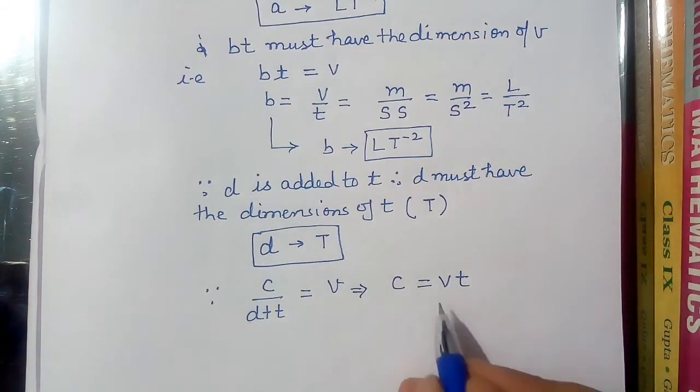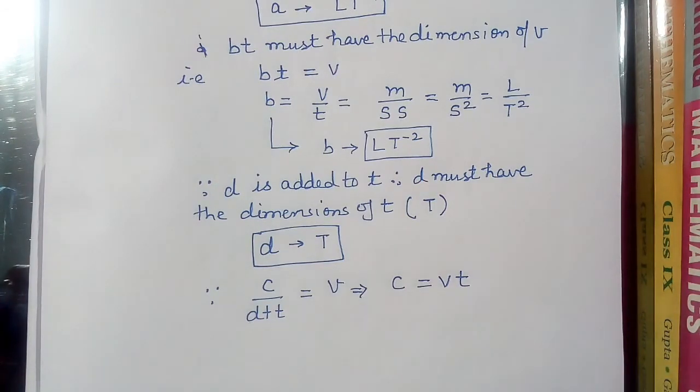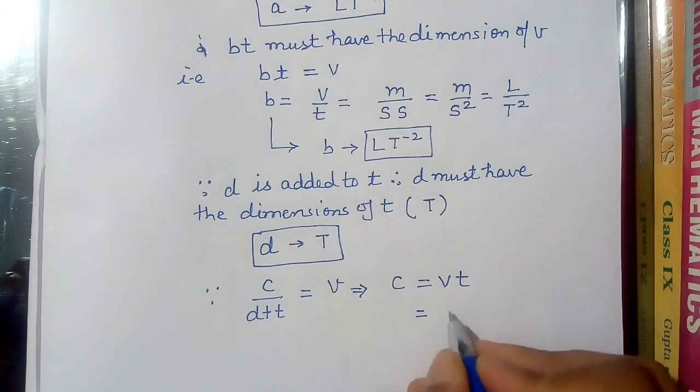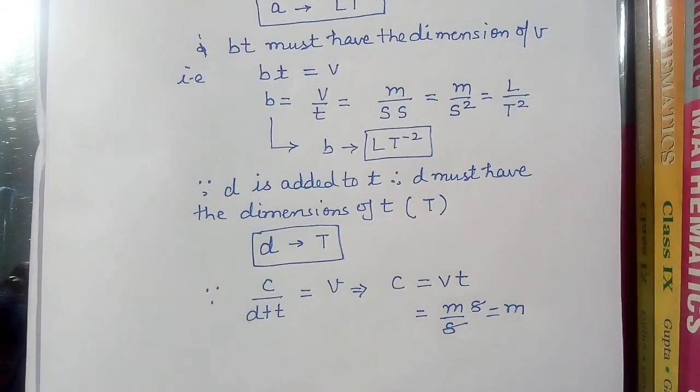And since we know that speed multiplied by time is distance, or we can write using the formula, the dimension of v is meter per second, and for time again it is second. So second gets cancelled and here we have only meter.